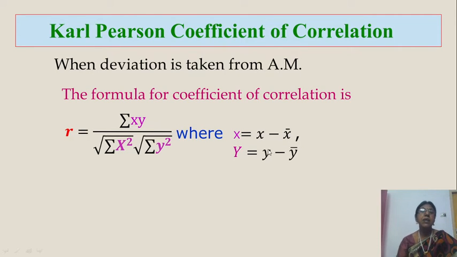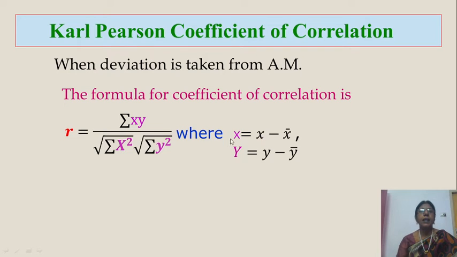Similarly for the y set, you find the mean, sigma yi by n, which is y bar. So first find the means of these two sets: x set mean is x bar, y set mean is y bar. After that, capital X is small x minus x bar and capital Y is small y minus y bar. You remember we have given small x, y only.